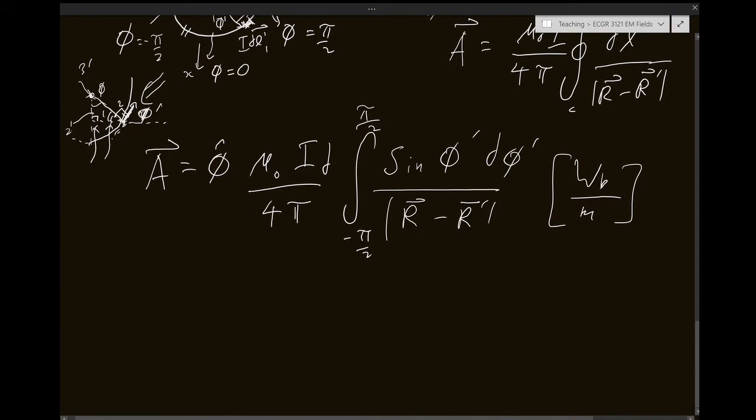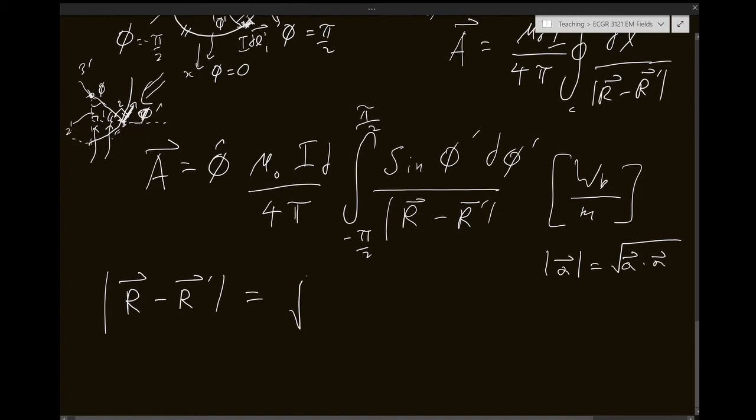And now I can evaluate this integral. To evaluate this integral, I have to find r minus r prime, of course, right? And I can use this formula. So I know that the magnitude of a vector is just the square root of the dot product of that vector with itself. So we know this identity from vector algebra.